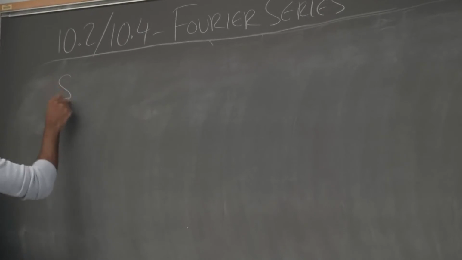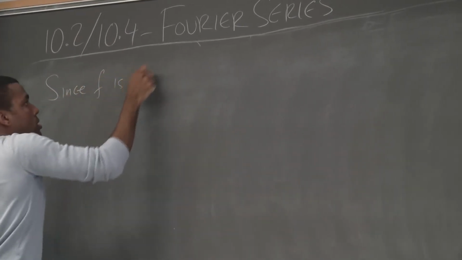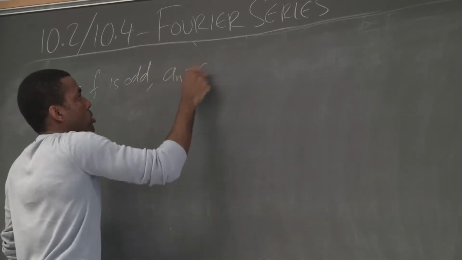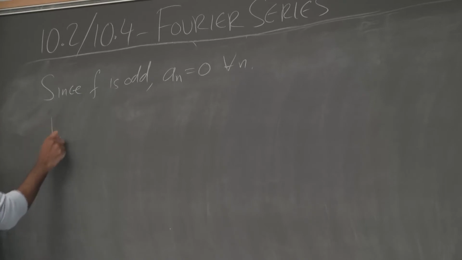So basically, since they say find the sine series, or it's an odd function, find the series, since f is odd, we know that our a n is equal to 0 for all n. So ignore it. I only need to find the bn.